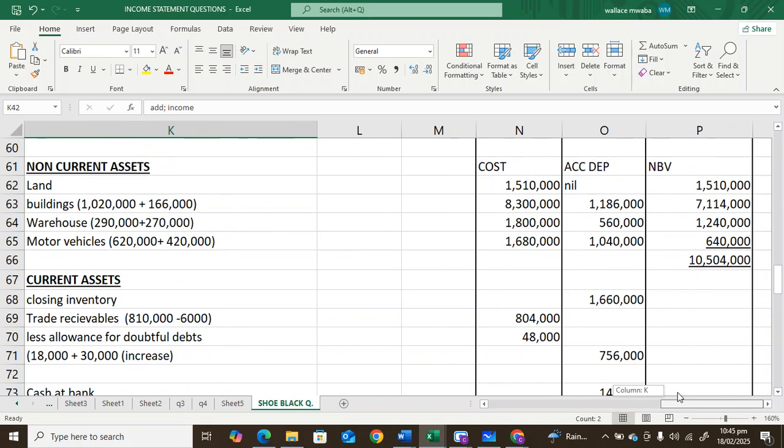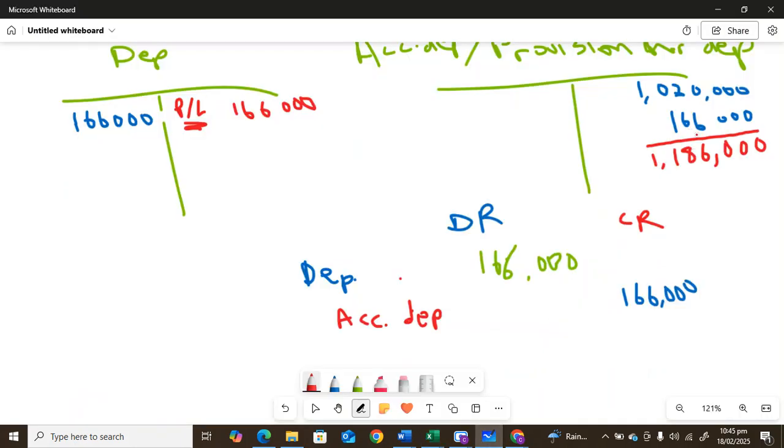Have you seen? And accumulated depreciation 1,186,000. This amount here is taken to the balance sheet. So this is the straight line method, so that we get a full understanding.